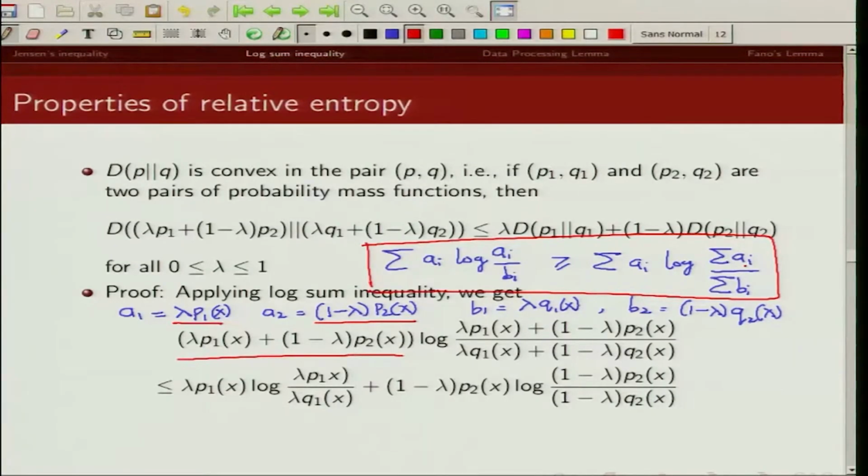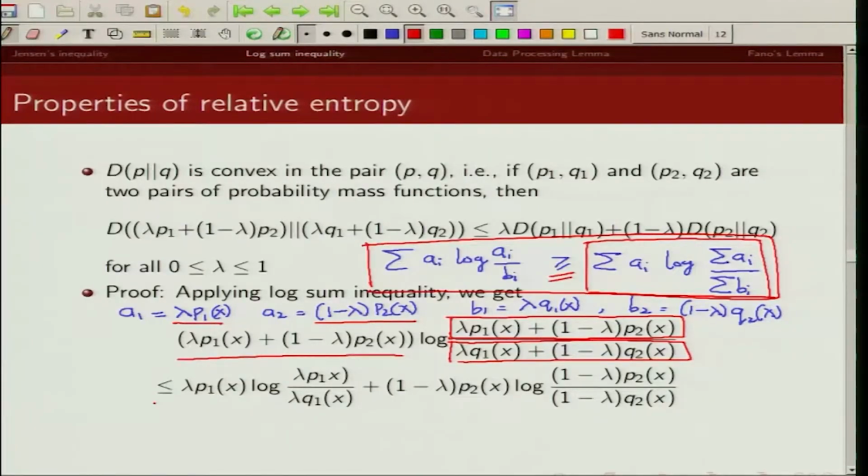So, log of the summation of a_i is this quantity. And what is the summation of b_i? b1 is lambda q1(x) and b2 is 1 minus lambda q2(x). So, this is my summation of b_i. Now, according to the log sum inequality, this is less than or equal to the summation of a_i log a_i by b_i.